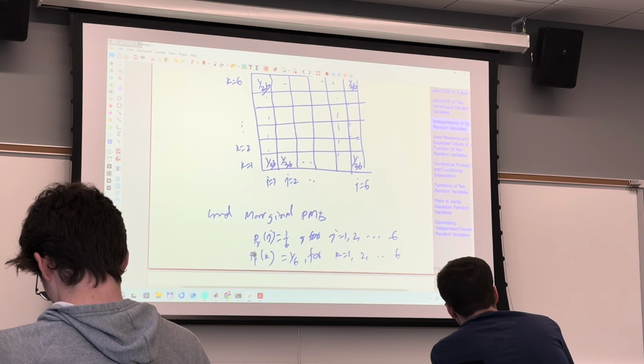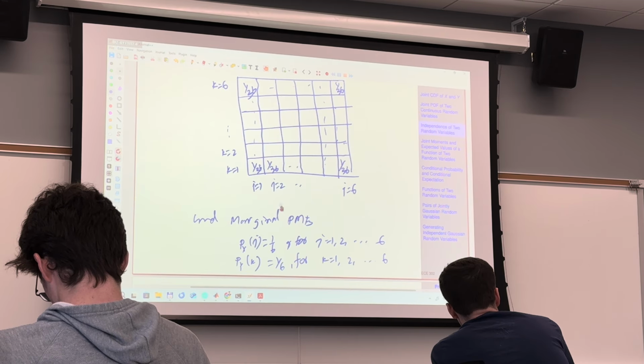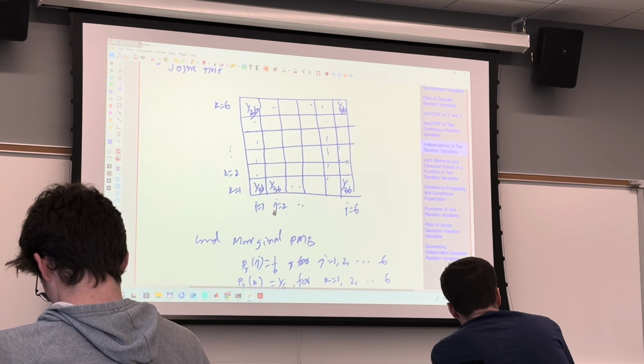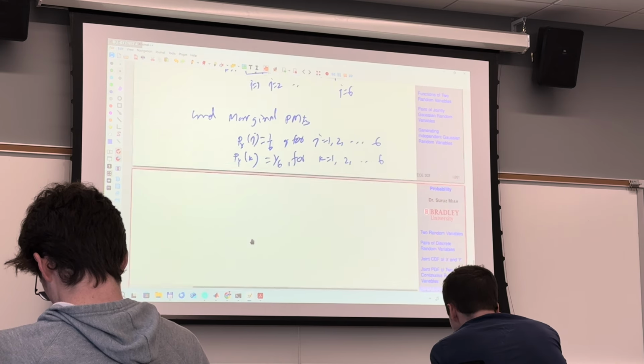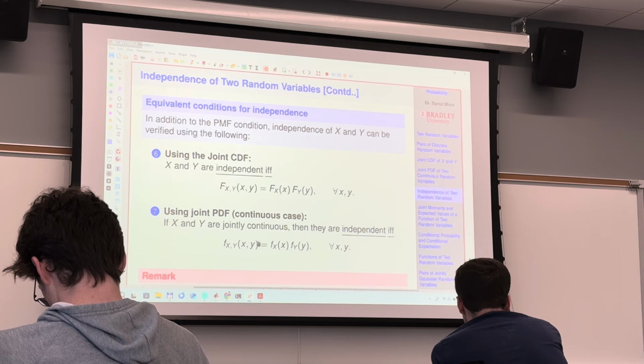Now another example. If you want to take a picture of those, you can take a picture. This example pertains to the joint PDF.